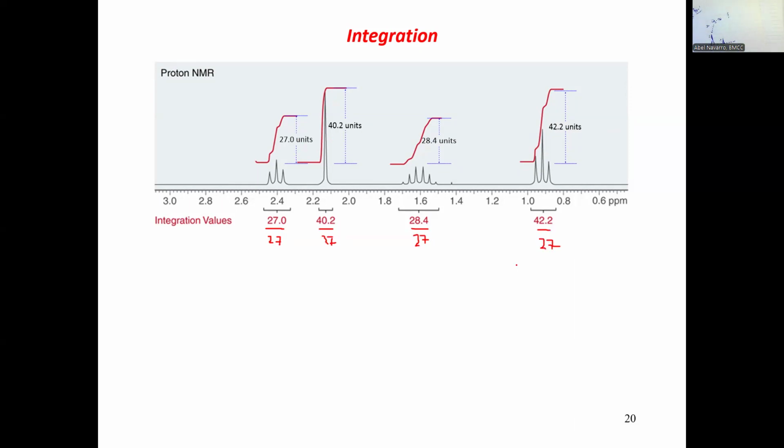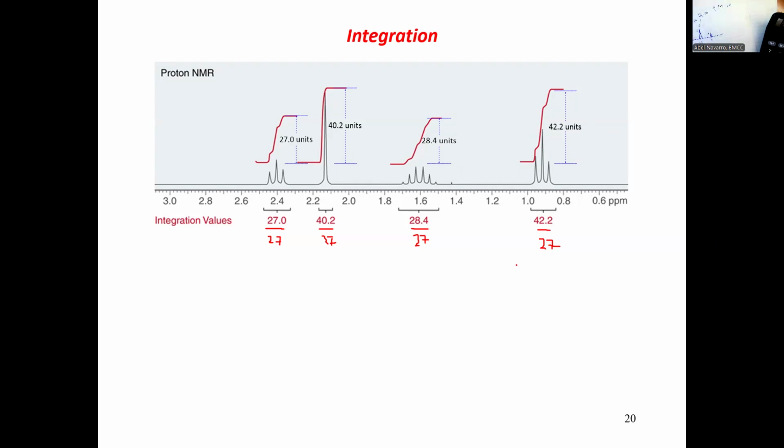40.2 divided by 27. The next one is 1.48, 1.49, almost 1.5. Next one, 28.4 divided by 27, that's 1.05, almost 1.